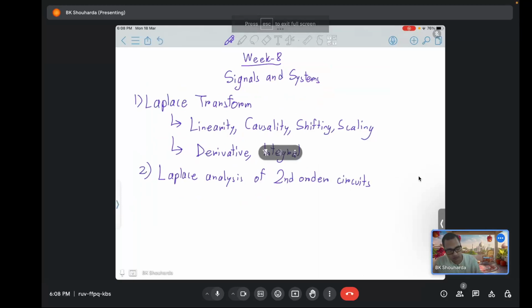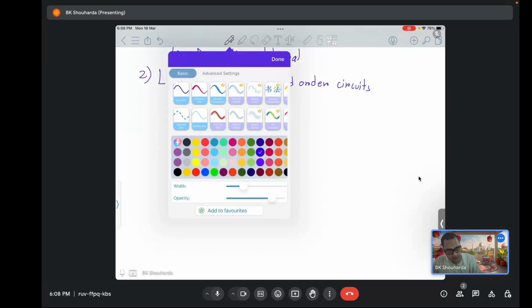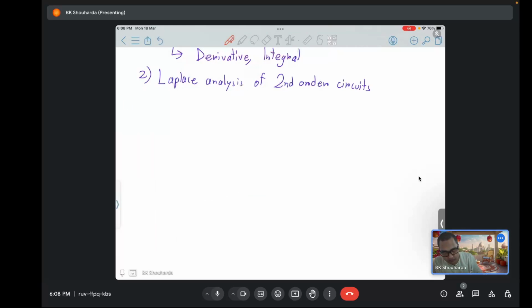Okay, so let's move into the first question. The first question states that we are given two Laplace transforms, X1(s), which is 1 upon s plus 1, and X2(s), which is 1 upon (s plus 1)(s plus 2).